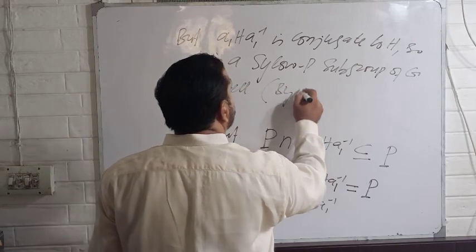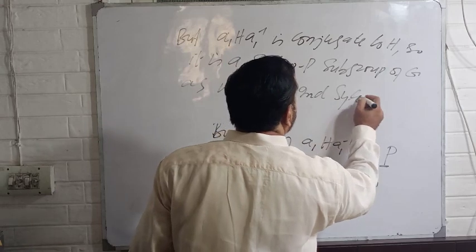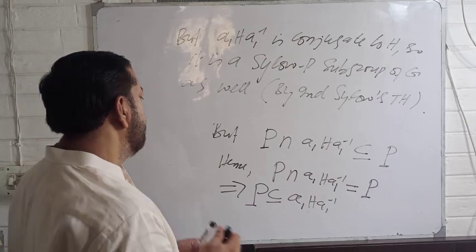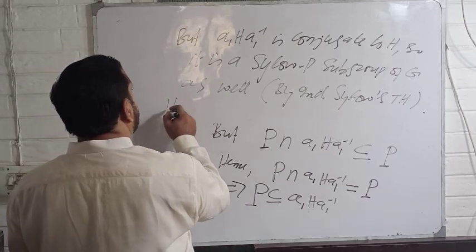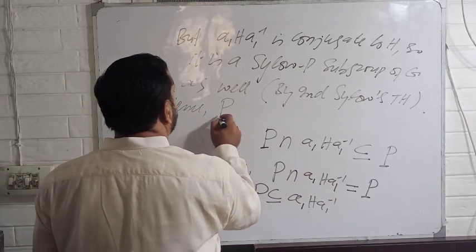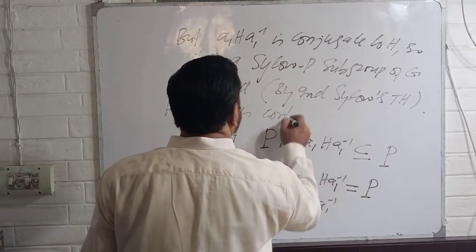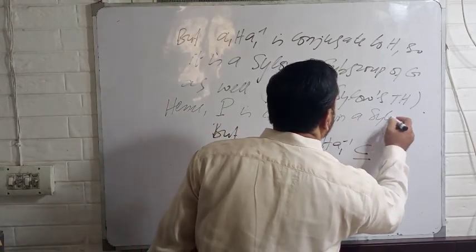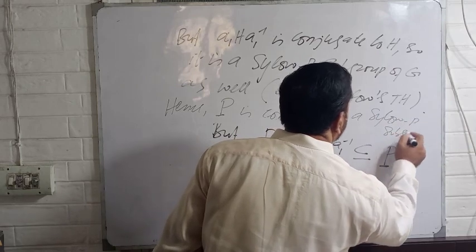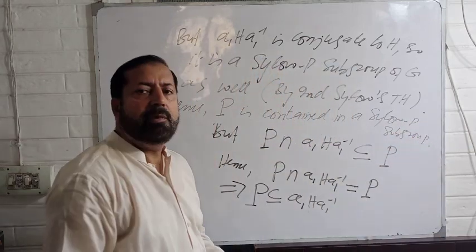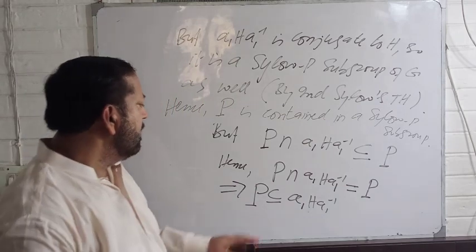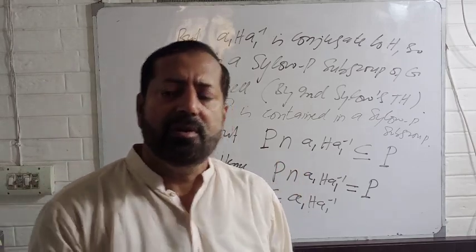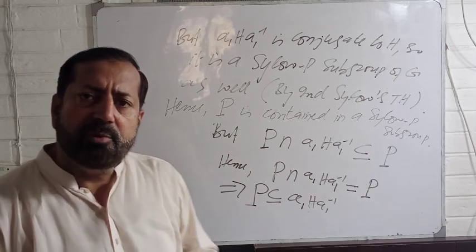This is by the second Sylow theorem. Hence, P is contained in a Sylow-p subgroup. And this completes the proof. You see that if P is a P subgroup, then it is always contained in a Sylow-p subgroup. Yes, we have completed the proof.